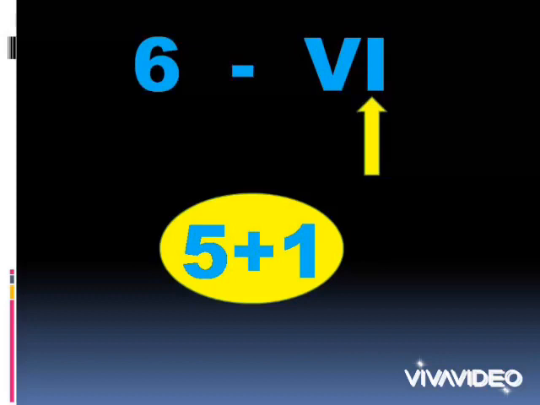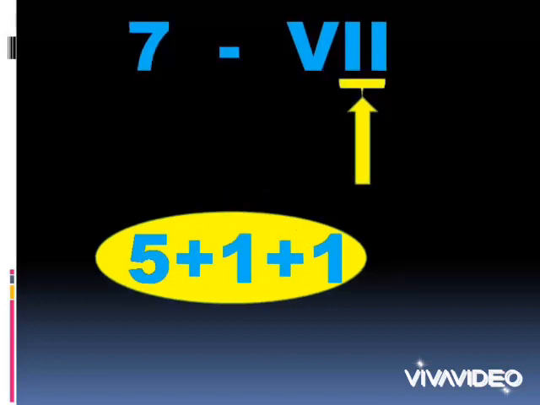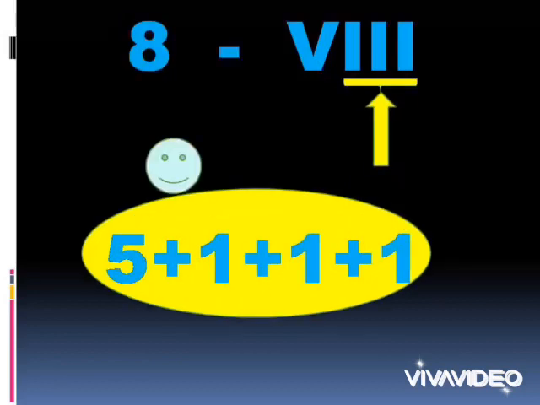So when we write I after V, the value of I, that is 1, is added to the value of V, that is 5. Similarly, for 7 we write VII. And for 8 we write V and triple I. That means 5 plus 1 plus 1 plus 1, that makes it 8.